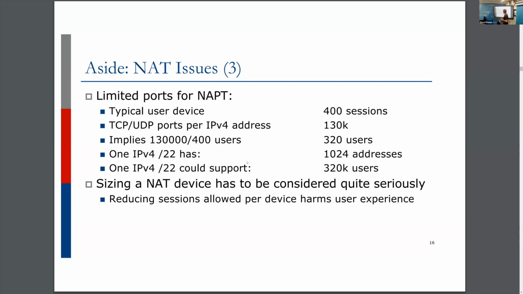There's around 130,000 usable TCP UDP ports per address, which means you can get on average 320 users per IP address that you have. Once you start going more dense than that, so once you start doing less sessions, that's when you start seeing some interesting issues like your SSH sessions dropping out after 5 minutes, not being able to maintain a VoIP call. So natting has problems.